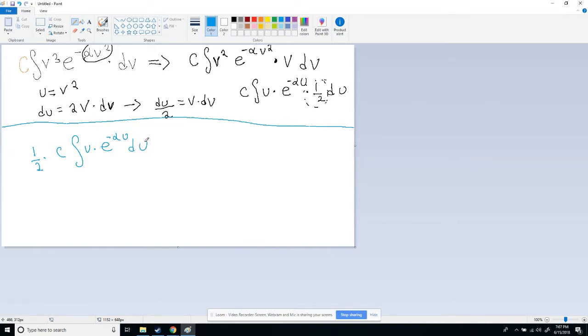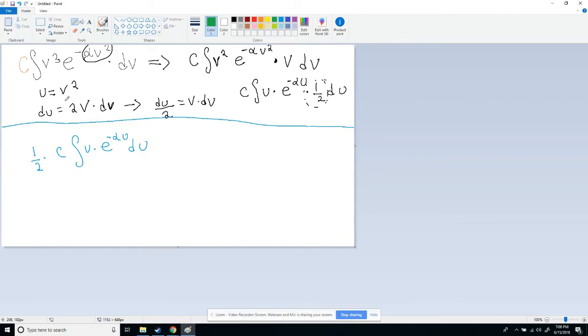Okay, so this is either integration by parts, or if you're into some of the other methods like tabular integration. I actually prefer tabular integration for this sort of situation. So we'll go ahead and do this integral.